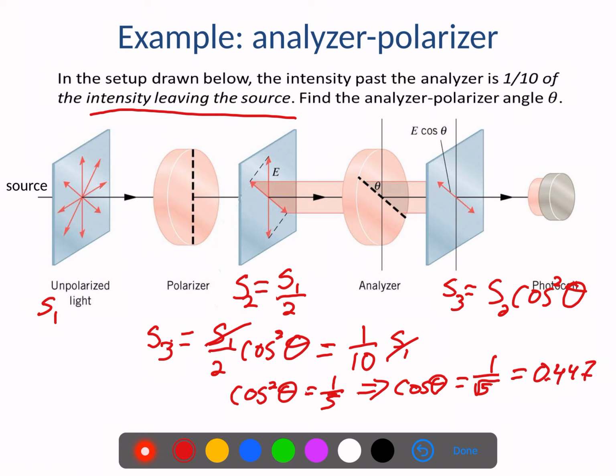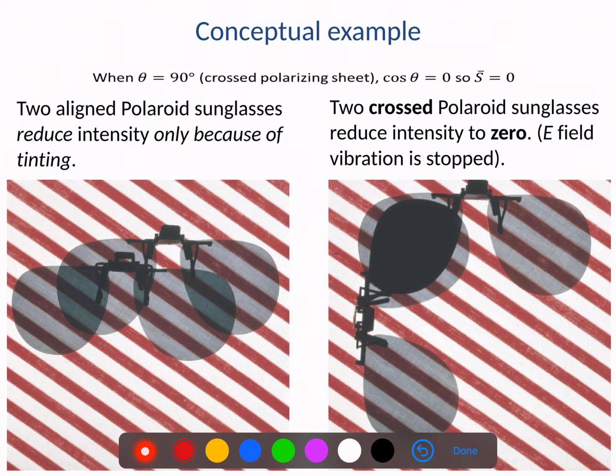And if I take the inverse cosine of that, then theta is approximately 63 degrees. Okay, so that's an example of utilizing Malus's law as it applies to an analyzer polarizer setup like this.